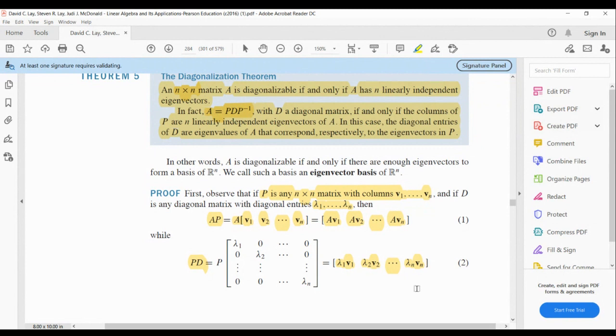Now let me ask you a question. Suppose A is diagonalizable. Maybe I'll go back to the whiteboard for a moment. So if A is diagonalizable, we're assuming in this part of the proof that A is diagonalizable.